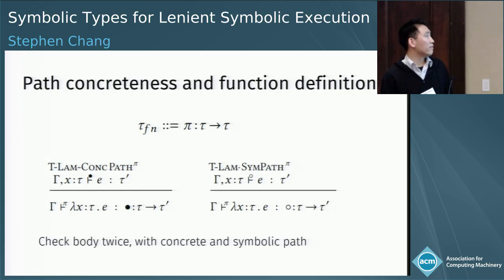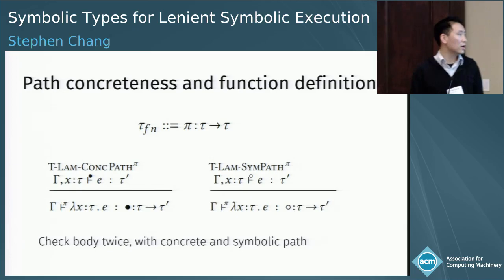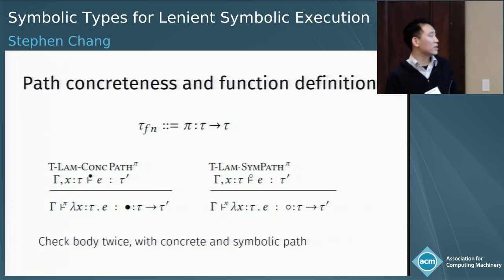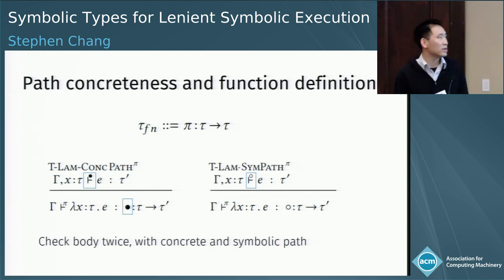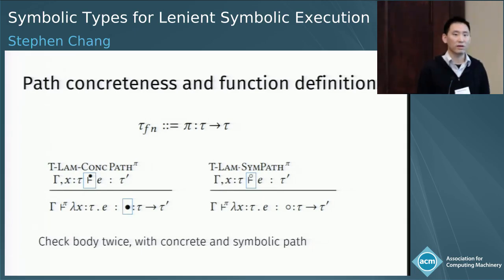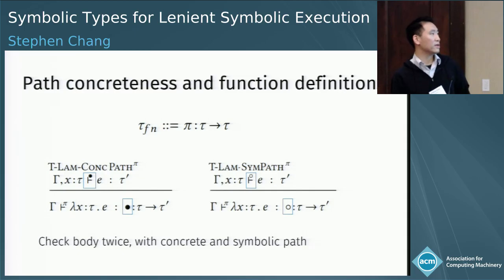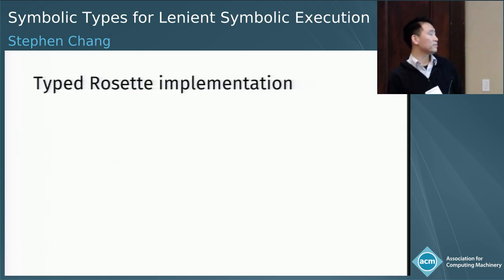And then for function definitions, we can ignore the path of where the definition is, and instead we type check the body of the function twice, once assuming a concrete path and once assuming a symbolic path, and then we assign the function a type for all of the valid cases, or an intersection of multiple cases, if that's the case.